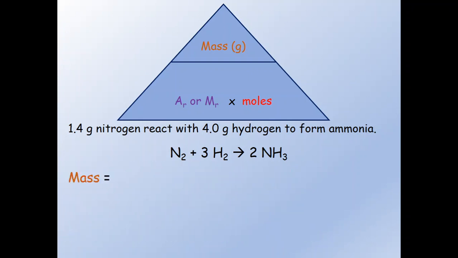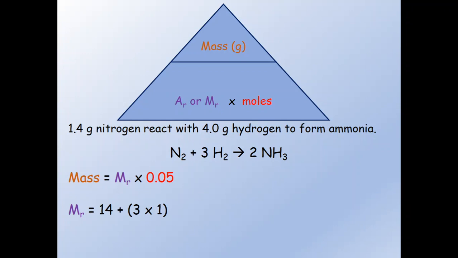To calculate the mass, we need to take MR, relative formula mass, and times it by the moles. The moles we know is 0.05, because 0.05 mole nitrogen are the limiting factor. And now again we need to calculate the relative formula mass MR. This time we need to do this for ammonia, and in ammonia we have 1 atom of nitrogen, so we take 14, which is the atomic mass for nitrogen, plus 3 times 1, because we have 3 hydrogen atoms.